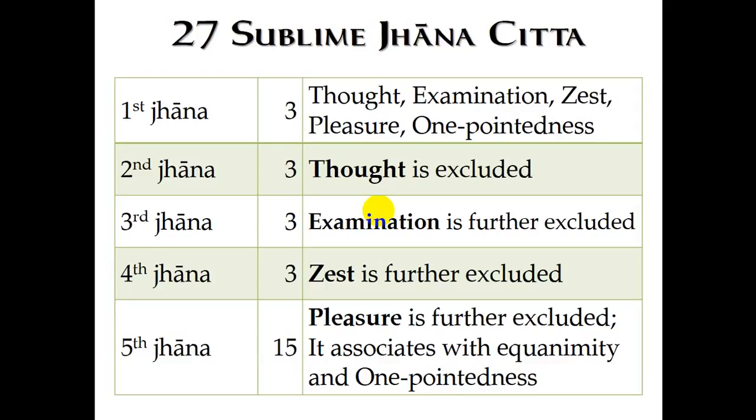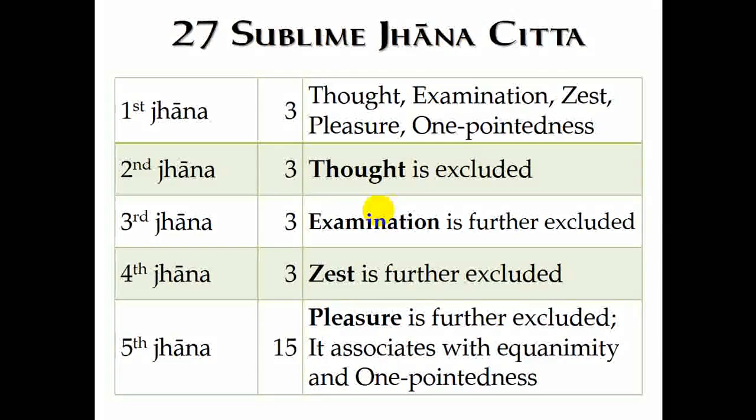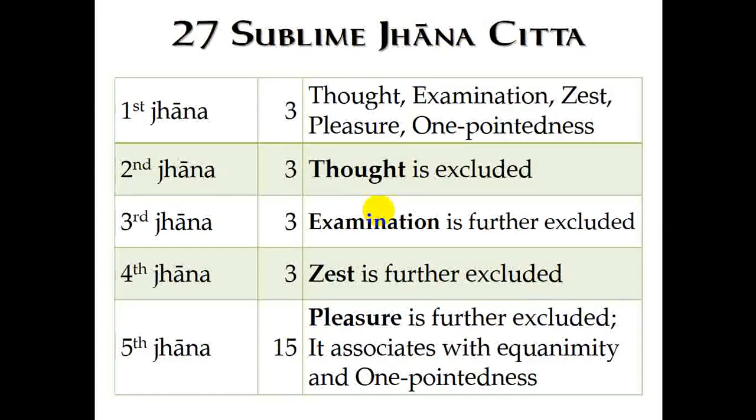Even though pleasure is excluded, we still have another feeling, a joy feeling, right? Actually, pleasure is one of the feelings. So even though pleasure feeling is excluded, we still have other feeling, right? We have to remember this.